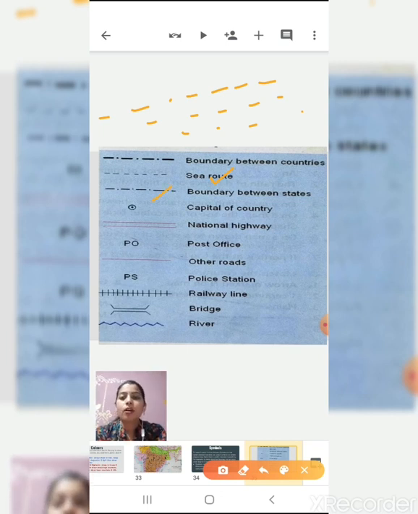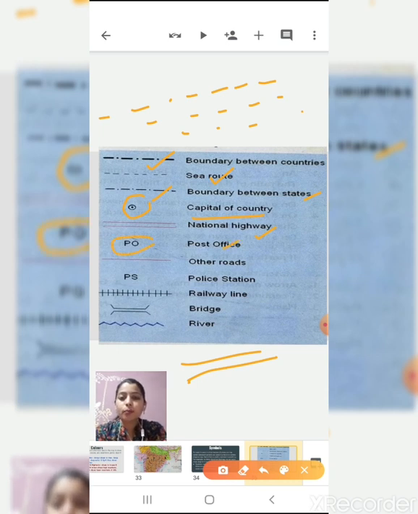This is a bold boundary and this is a simple normal boundary. This type of boundary is used between the states. And this symbol is used to show the capital of the country. This type of line is used for national highways.